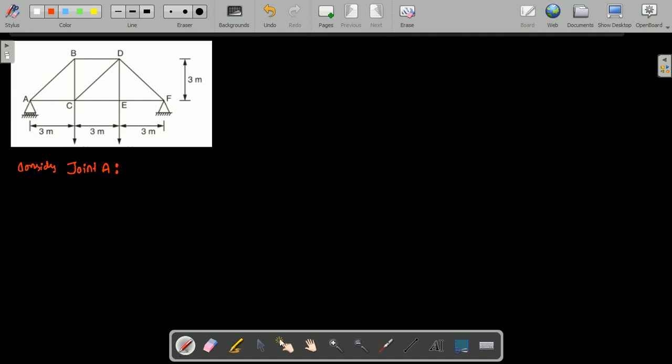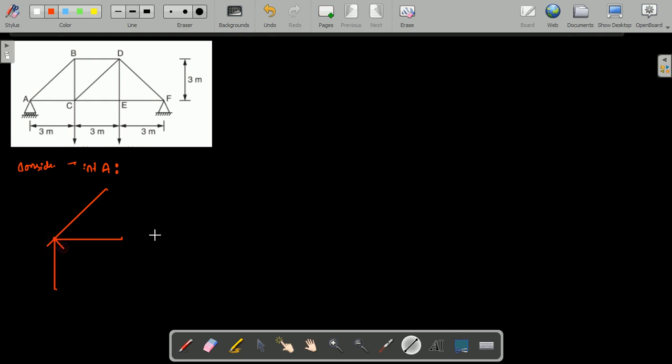Now I am drawing the free body diagram of joint A. So at joint A, TAB is there and TAC is there, right, and one support reaction is there.